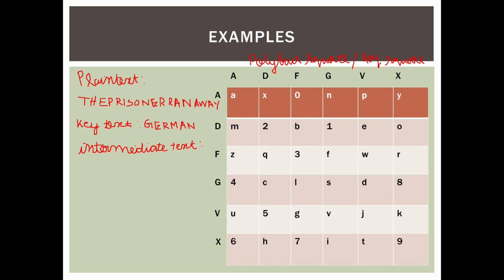Okay, so for generating the intermediate text, the first character we have here is capital T. So search for T, it is here, and the row level as well as the column level for this character is X and V. So write XV, and for H we have X and D, and then we have E is here.